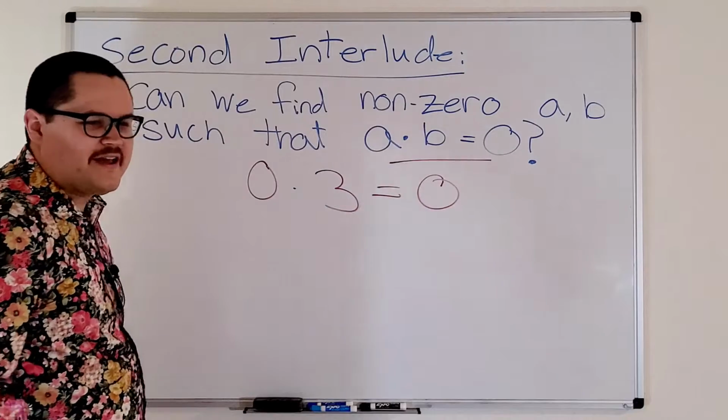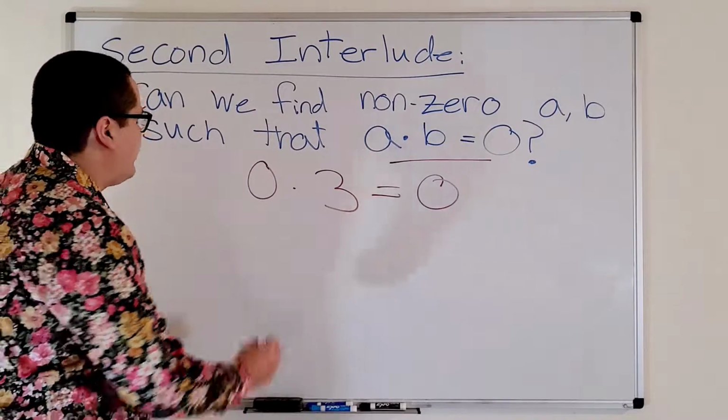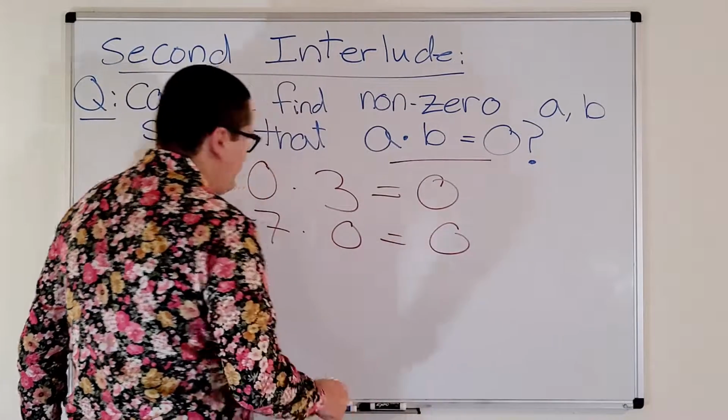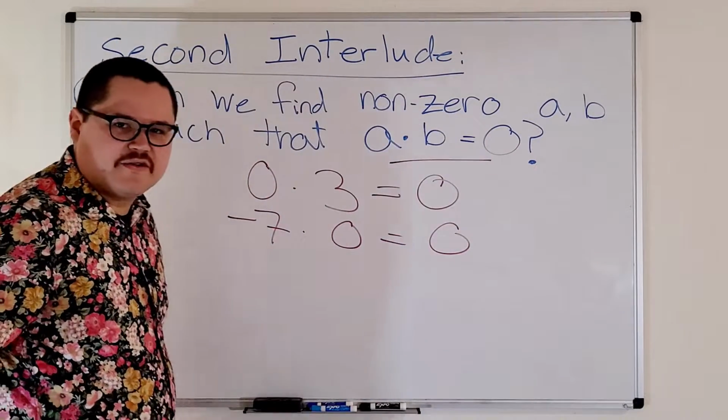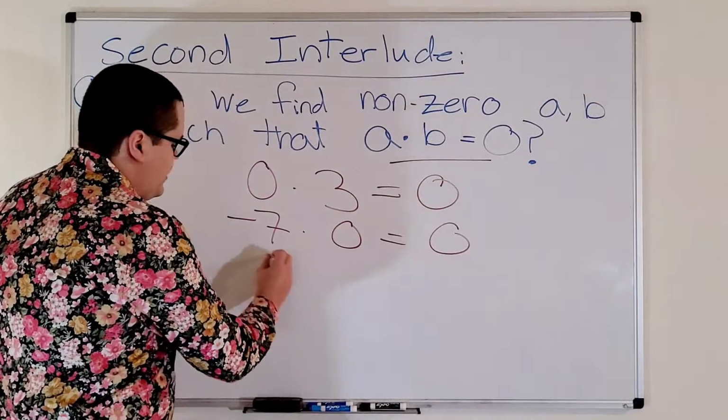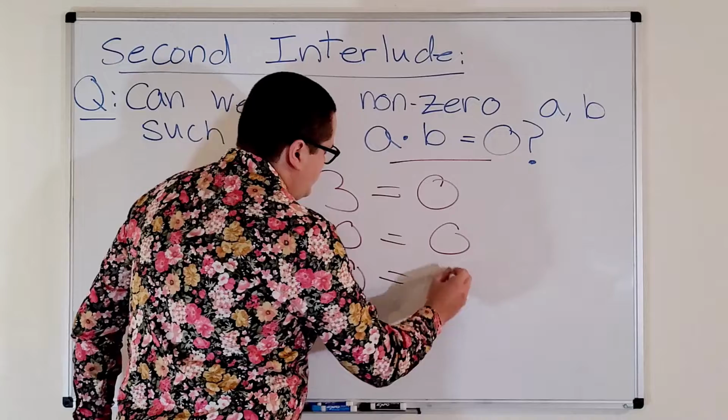Or I could take a to be negative 7 and b to be 0, right? Negative 7 times 0 is 0. And I could even take them both to be 0, because 0 times 0 is 0.